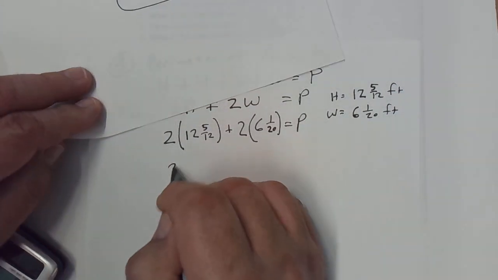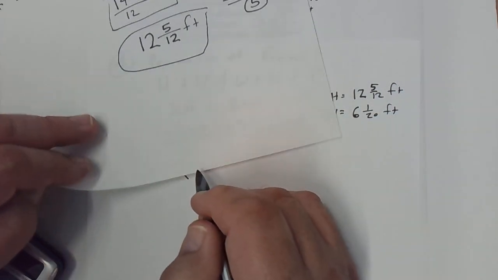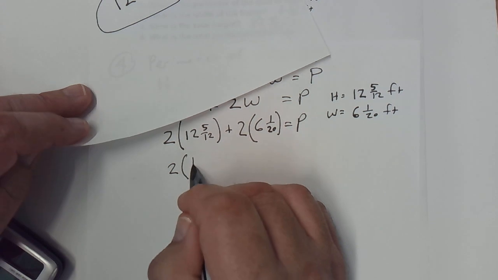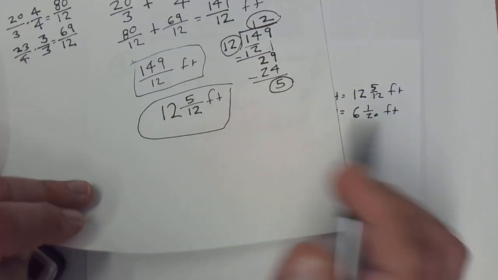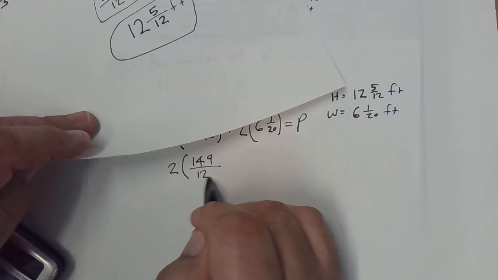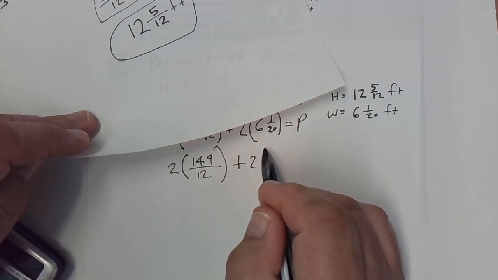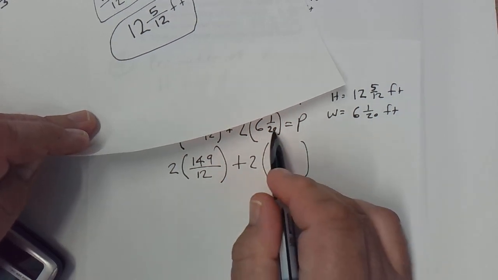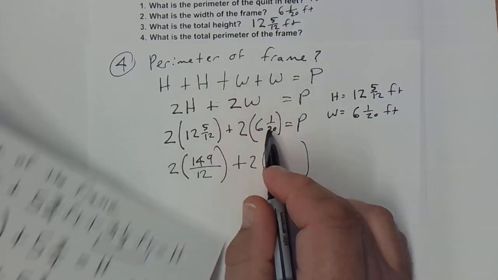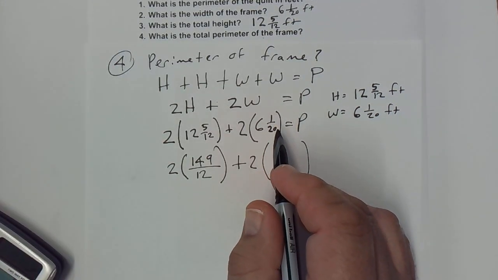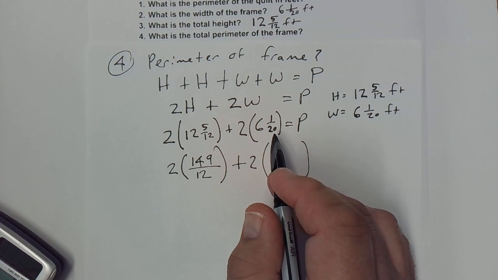We can just write this as 2 times 149 over 12. Likewise, we could do 2 times, and instead of recalculating this, let's go back to our work from the prior video.